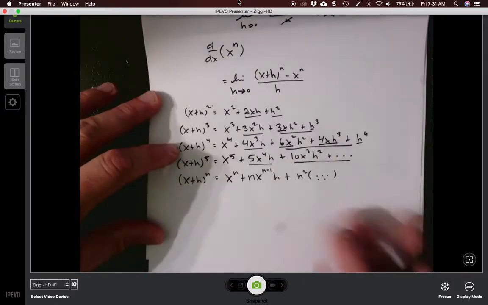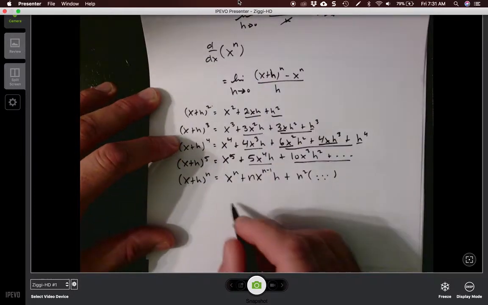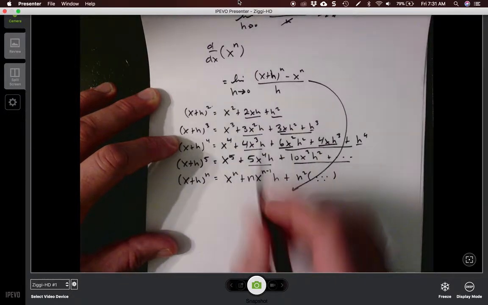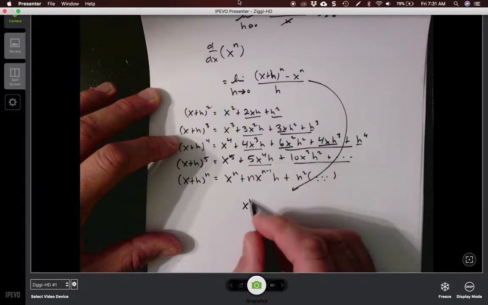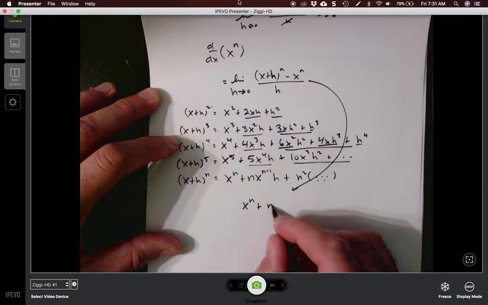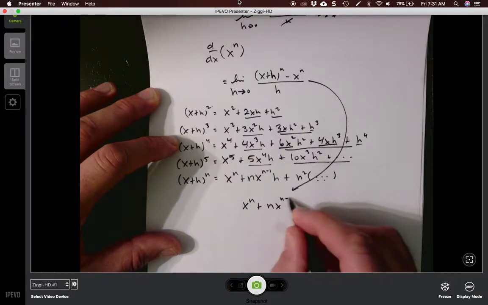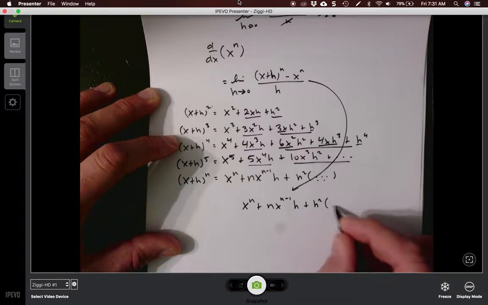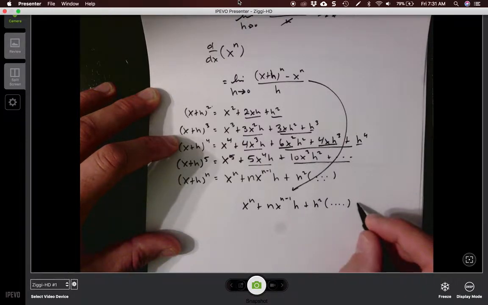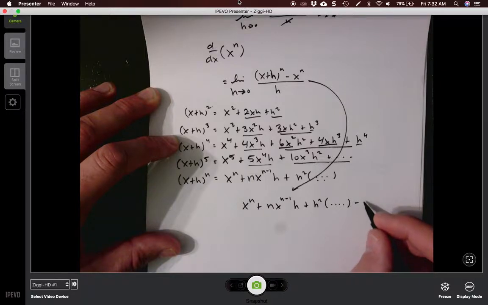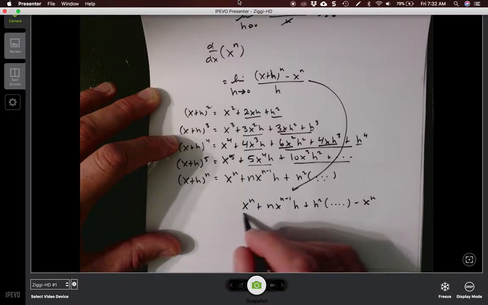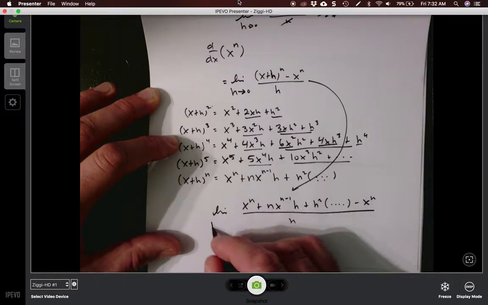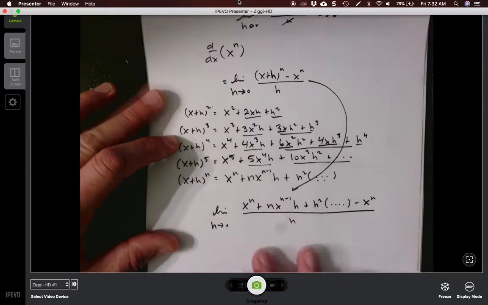All right, so if we go back up to this limit, then the derivative is going to end up being something like x to the n plus nx to the n minus 1 times h plus h squared and then some junk, and then minus the function, which was x to the n, and then all of that divided by h, and then the limit as h goes to 0.